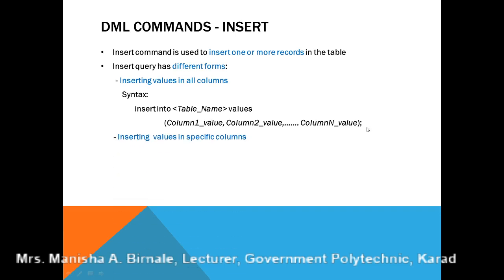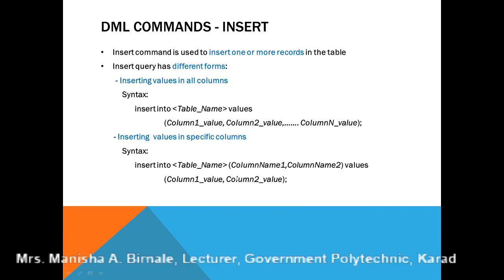Now this is the second form of insert: inserting values in specific columns. Suppose the table has 4 columns, but you want to insert values for only 3 columns. Then you can use this form of insert. This is the syntax: insert into table name, and in round brackets you have to specify the column names for which you are inserting values.